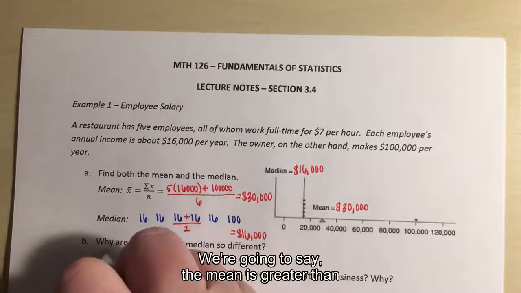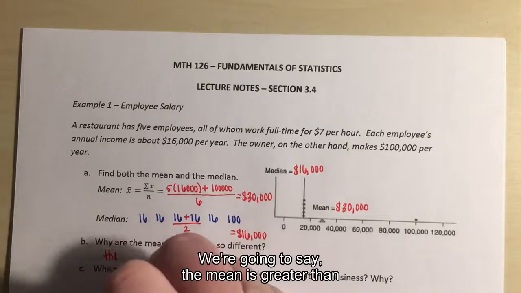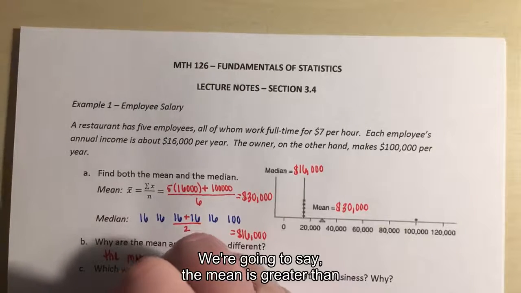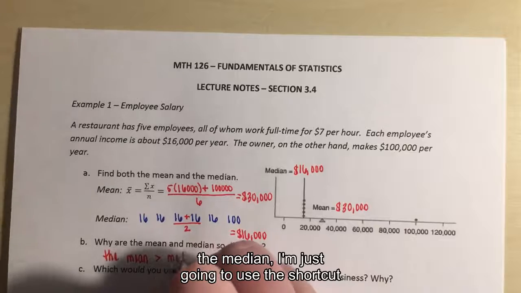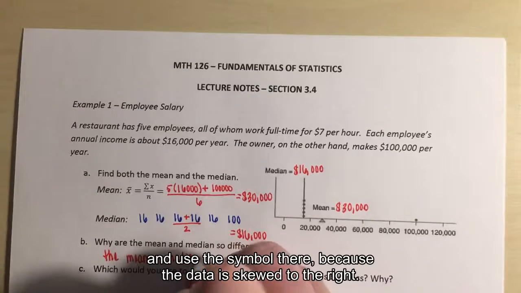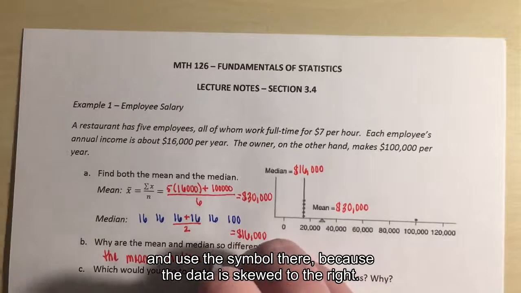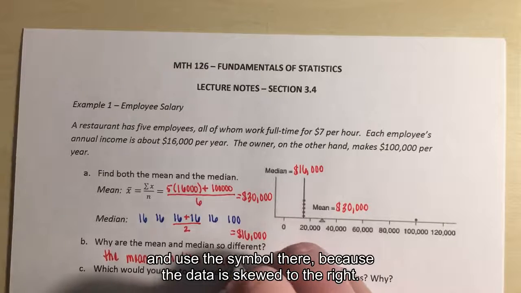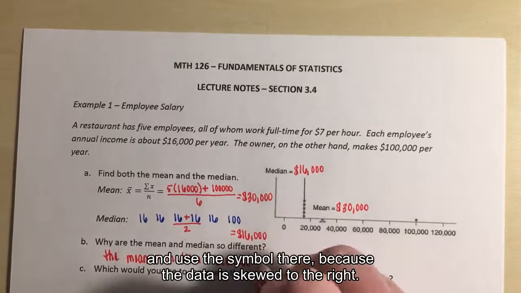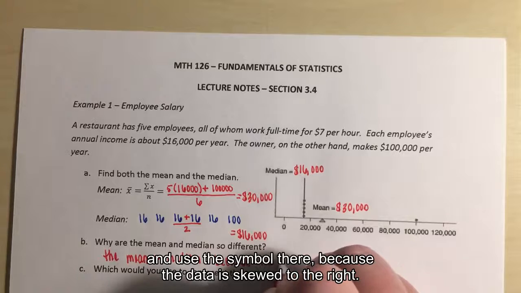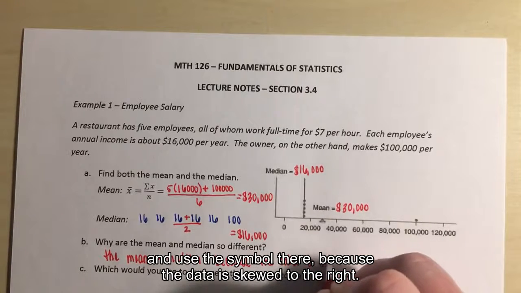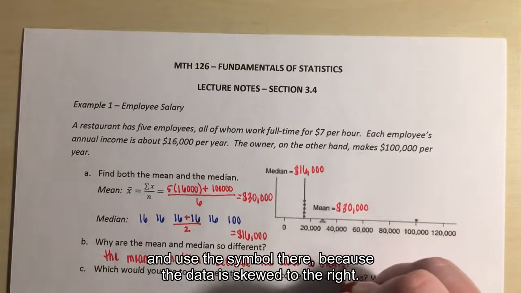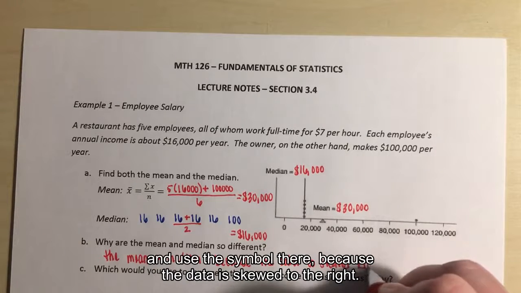So we're going to say the mean is greater than the median. I'm just going to use a shortcut and use the symbol there. Because the data is skewed to the right.